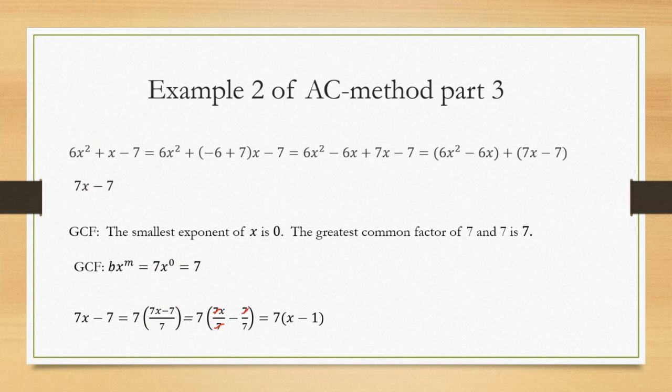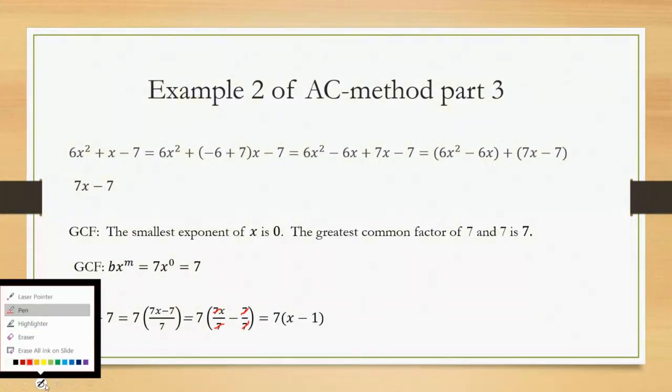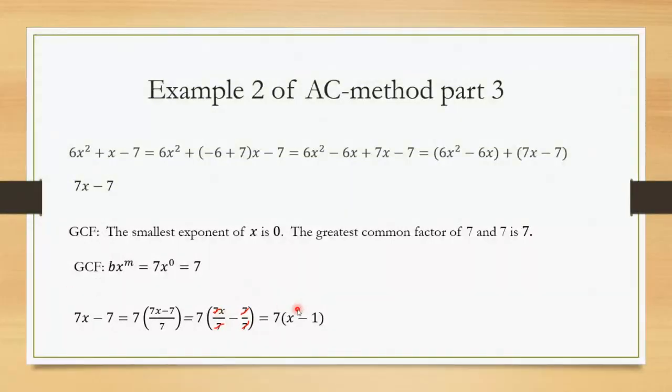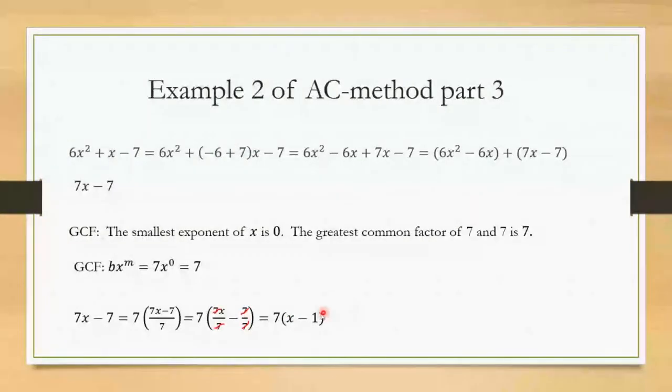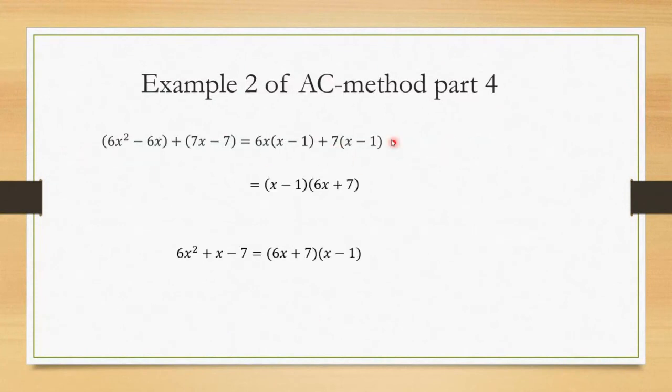These 7s cancel as well, and you're left with 1. Okay, great. So from the first group, we got 6x times x minus 1. From here, we got 7 times x minus 1. If we substitute, this is what we get.